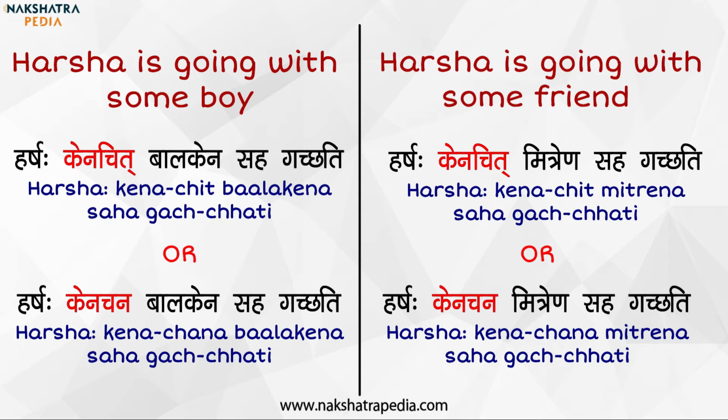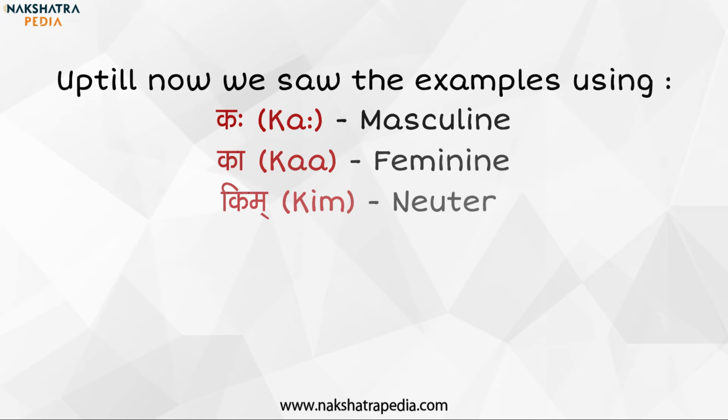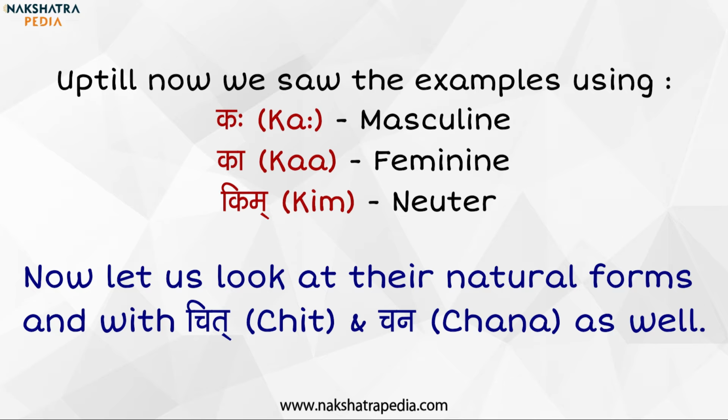As in the first sentence, the forms are applied on balakaha, that is masculine, and in the second sentence, it is mitram, that is neuter. As we discussed examples using kah, ka and kim in this lecture, let us have a look at all their natural forms and then the forms with chit and chana.